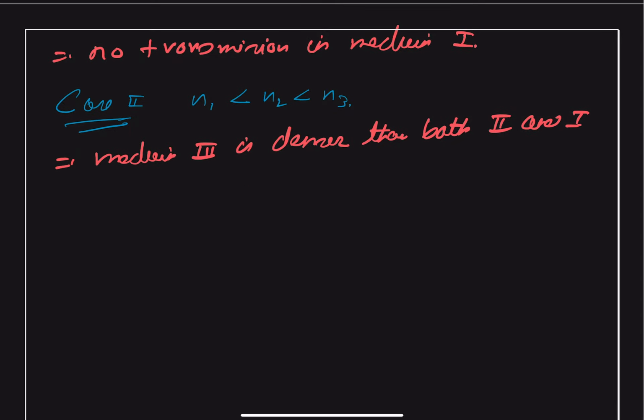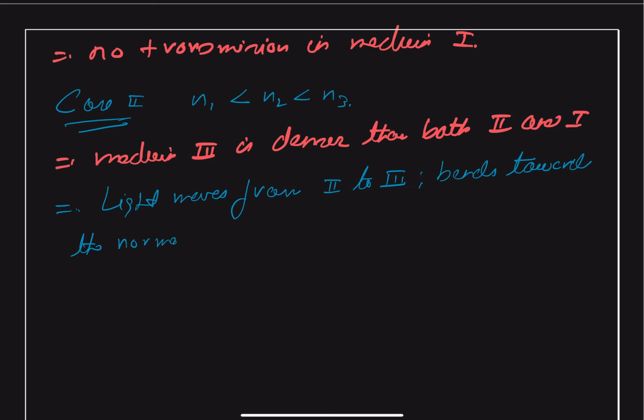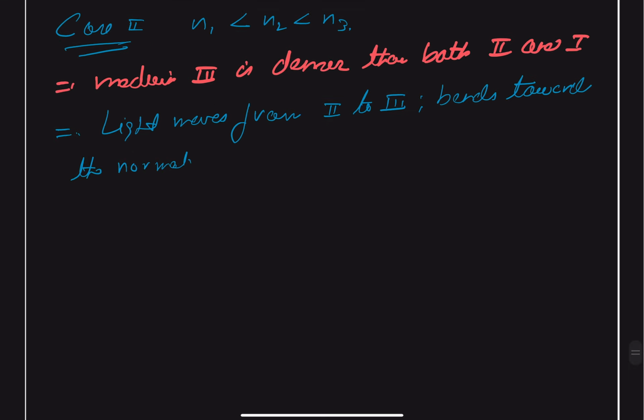And because medium 3 is denser, light moving from second to third bends towards the normal. So once again we can use Snell's law.